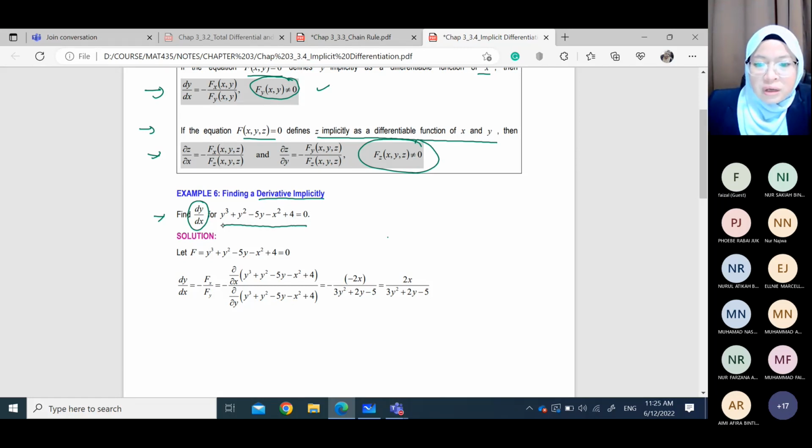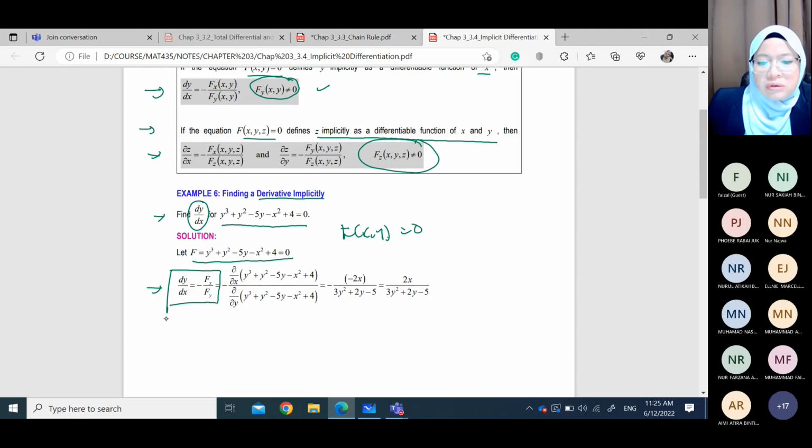First of all, we need to declare f, which is f(x, y) equal to 0. So let our f here be y cubed plus y squared minus 5y minus x squared plus 4 equal to 0. And then we apply implicit differentiation for dy/dx.